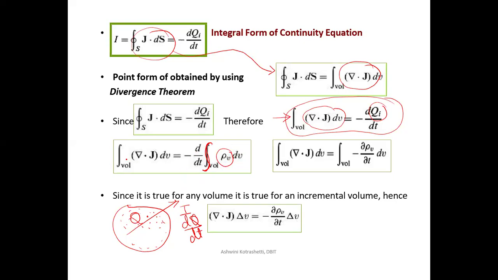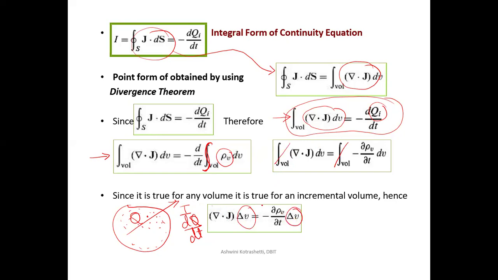So now what happens in the process is that on both the left hand side as well as the right hand side, you will now have the volume integral. Since we have a volume integral on both sides, I can get rid of it. And what I am left with is del dot J times an infinitesimally small volume equal to minus ∂ρv/∂t times the infinitesimal volume.